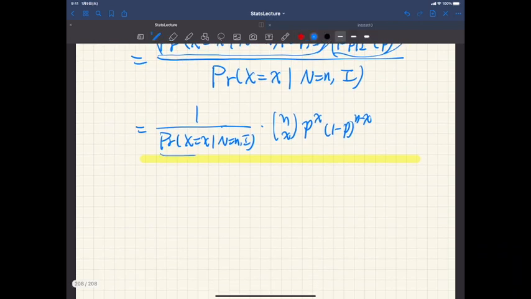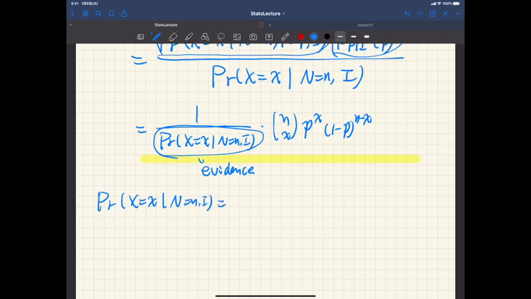This denominator, which is just a normalization constant for this density function, is sometimes called evidence. We know how to calculate this, in theory at least. The probability of x given n and I is just integrate this one over all possible values of p.